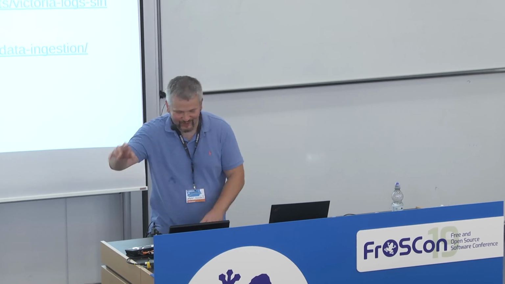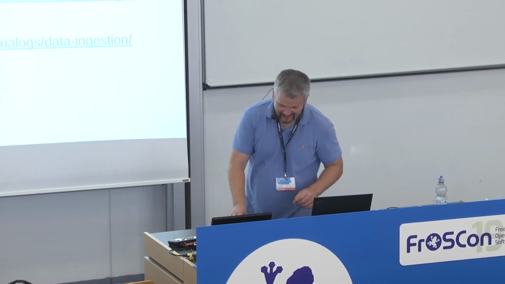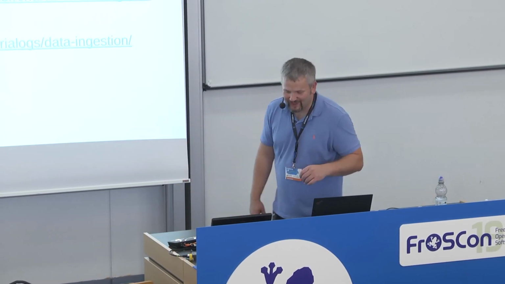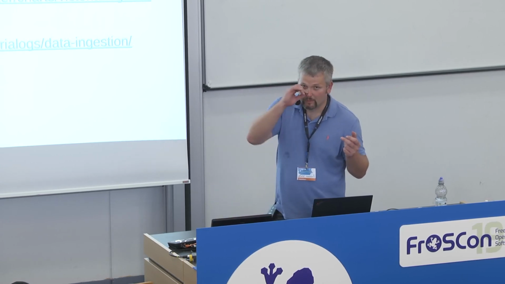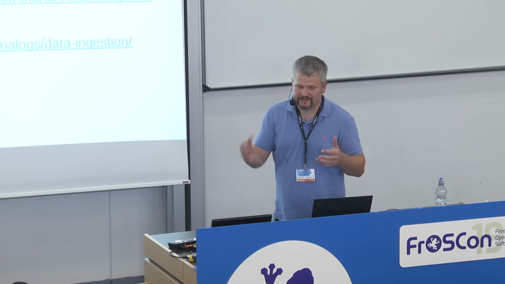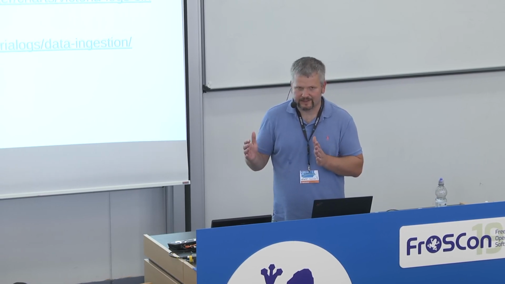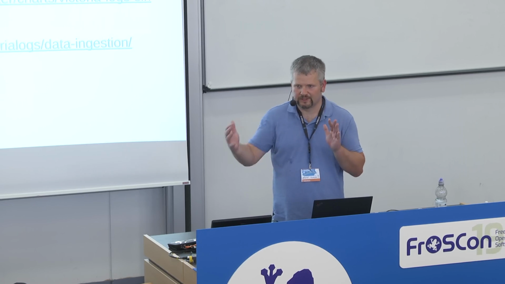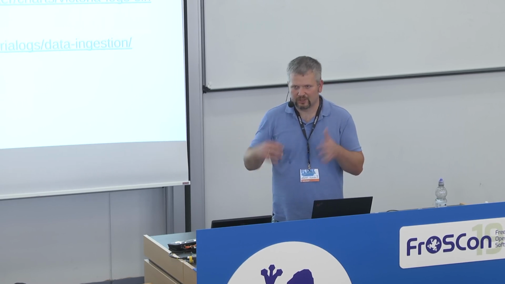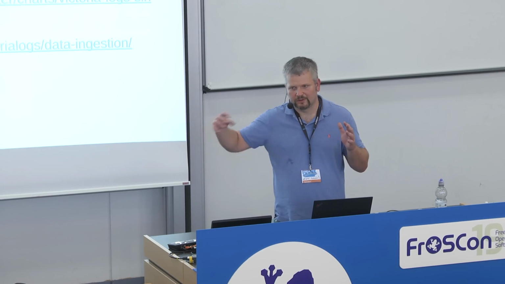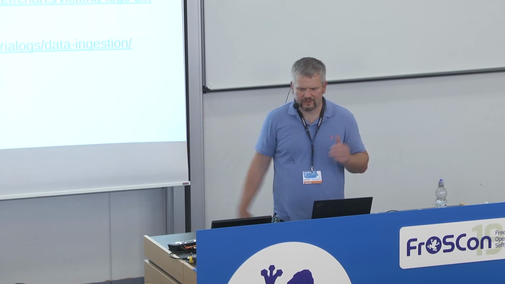I forgot your first question. Could you repeat? The first one was about data retention. Regarding retention, VictoriaLogs provides two approaches for data retention. The first approach is that it accepts a command line flag, which sets the number of days for the retention. And VictoriaLogs automatically drops all the logs when they go out of the retention.